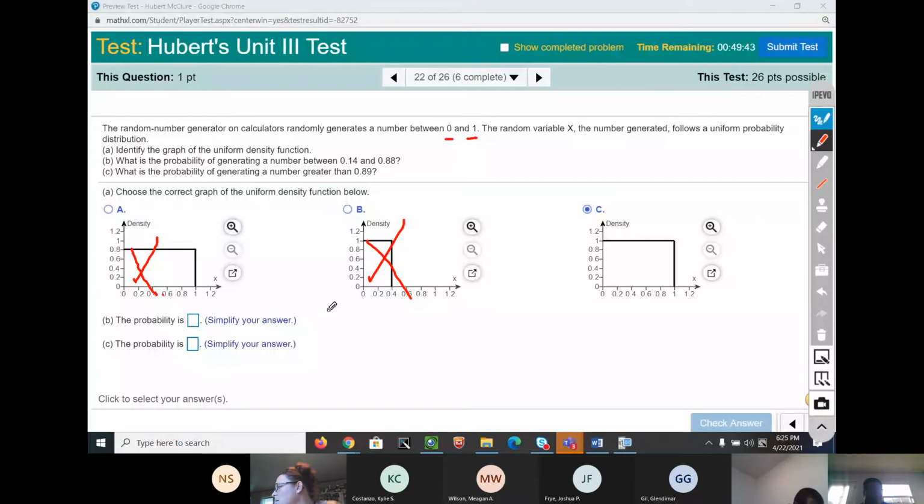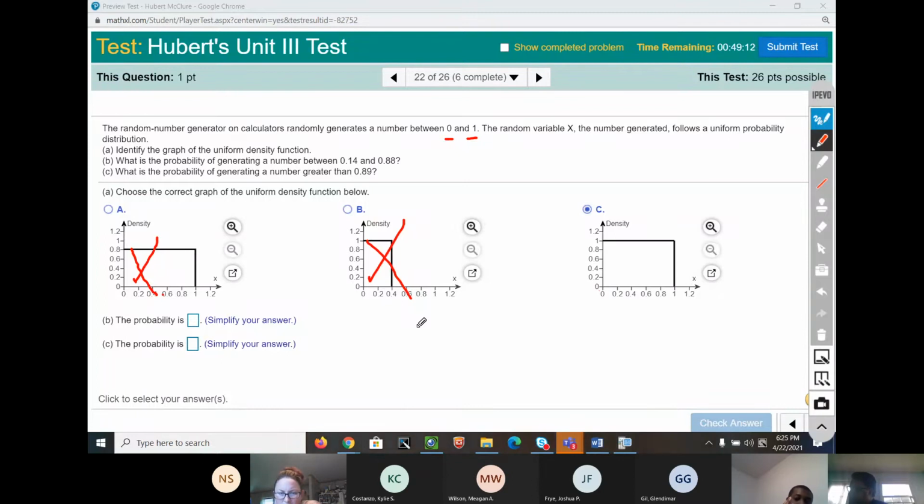So I'm going to draw Charlie on my handy dandy whiteboard. 0, 0.2, 0.4, 0.6, 0.8, and 1, and 0.2, 0.4, 0.6, 0.8, and 1 on the vertical axis.